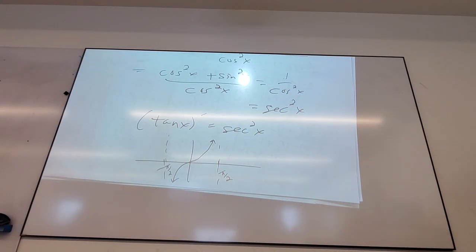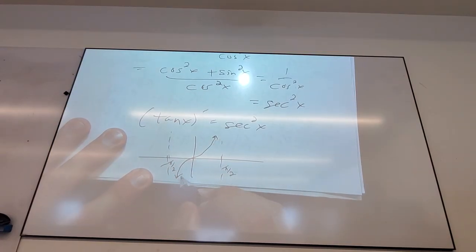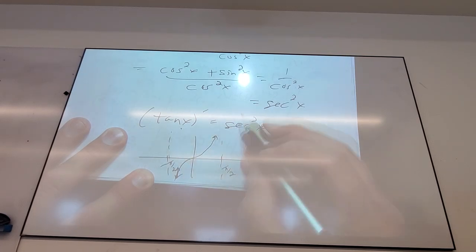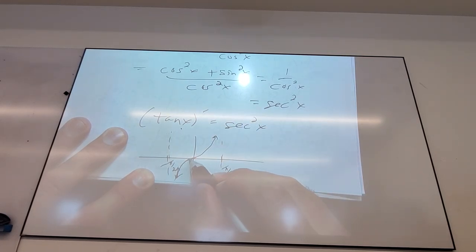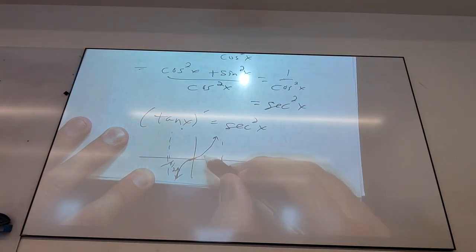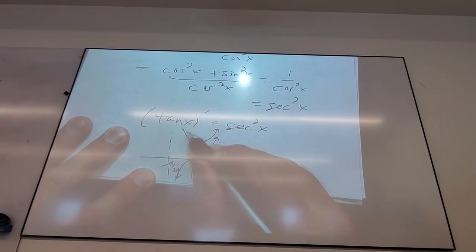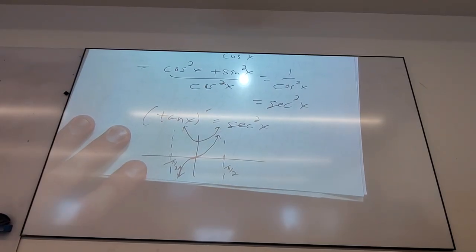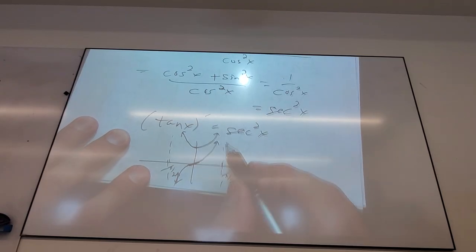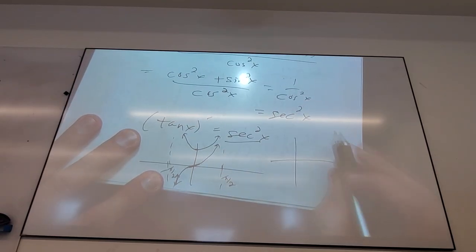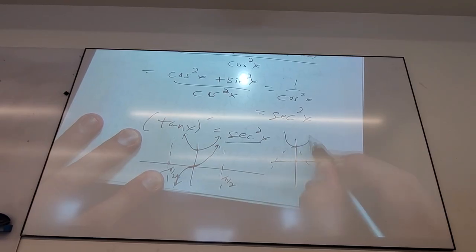So, what's the slope here? Not the value of the function, but the slope. It's going up, yes? It's really big positive. Then it goes through, and right through here it doesn't quite get to 0. And then it goes back up to really big positive again, yes? That looks like secant, because secant is 1 over cosine.